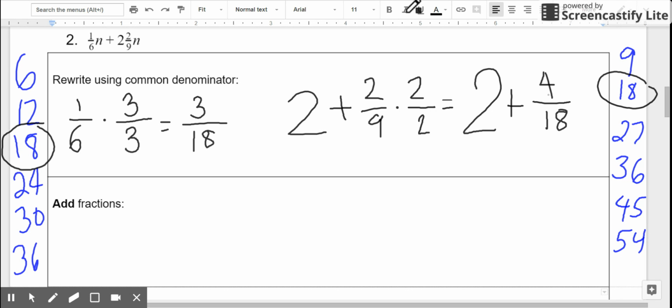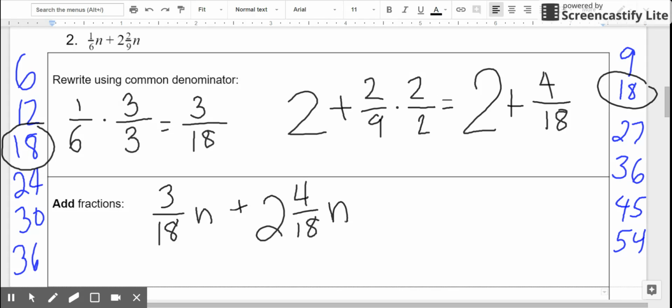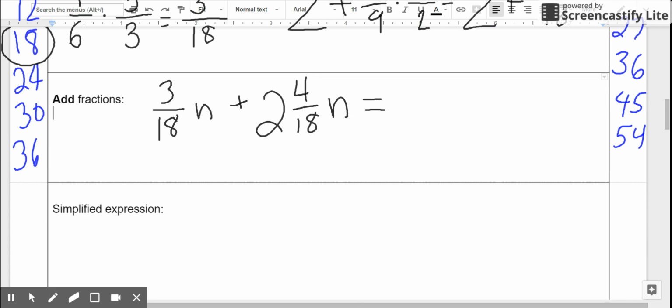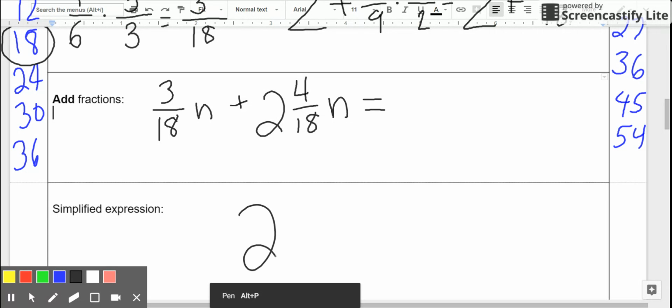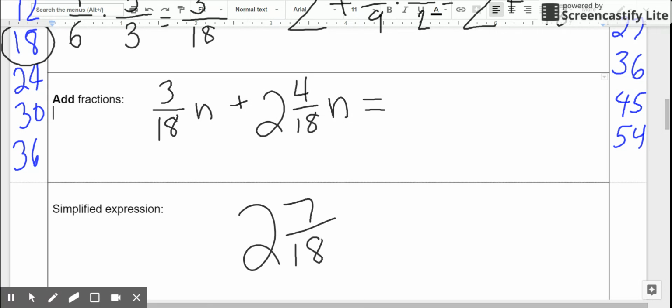I know that I'm adding fractions because I'm told with this plus sign that I need to add my fractions. So I'll take 3/18 n plus 2 and 4/18 n. When I do this, if I take 3/18 plus 4/18, I get 7/18. So that gives me 2 and 7/18 n as my simplified expression.